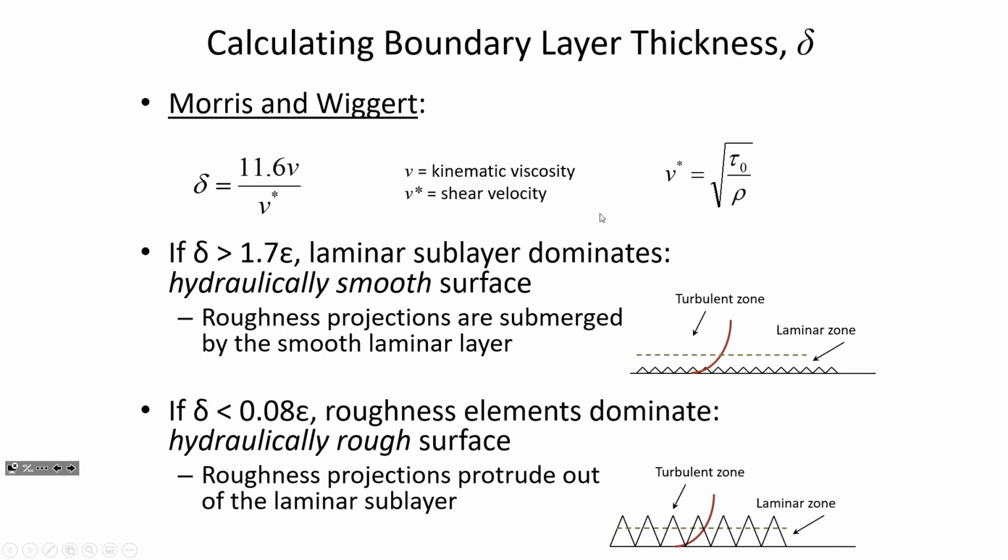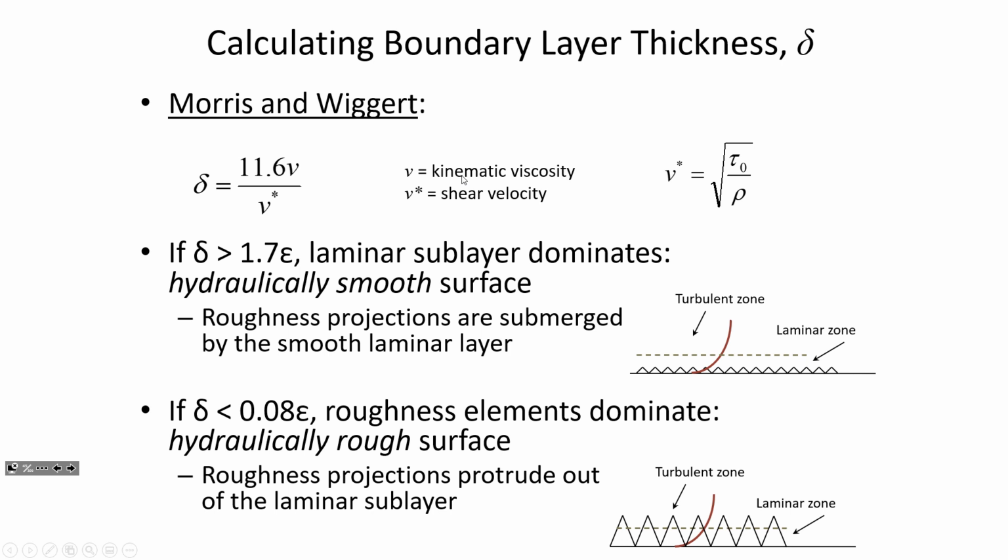But this is just a way of understanding what's happening depending on the thickness of the layer. So water flowing in this top case doesn't really even know about this roughness because it's fully submerged in the laminar layer. So it has less of an influence than if the roughness elements are projecting into the turbulent zone.